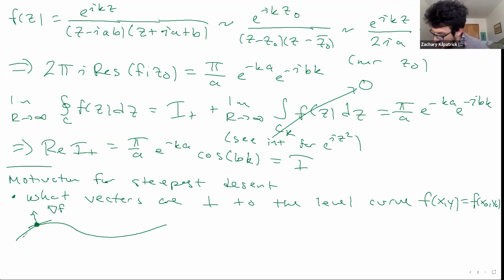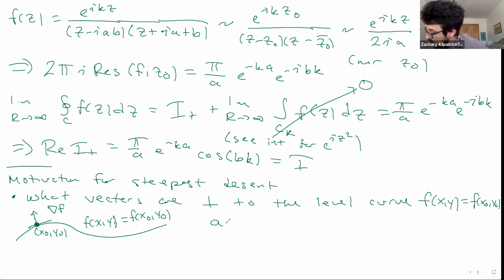And so the idea is that if we take the gradient of that at some point x0, y0, that's going to give us our steepest ascent and descent directions for, let's say, the function f equals f of x0, y0, okay?